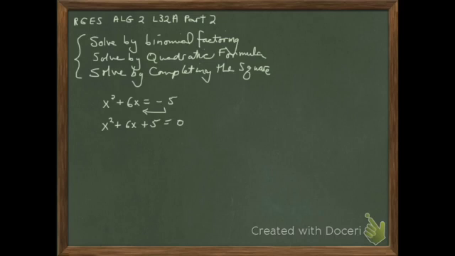And 5 and 1 would be x plus 5, x plus 1. So this is a bad example, because I could have done this by just binomial factoring, but let's say I did not want to. Let's go all the way back to here.